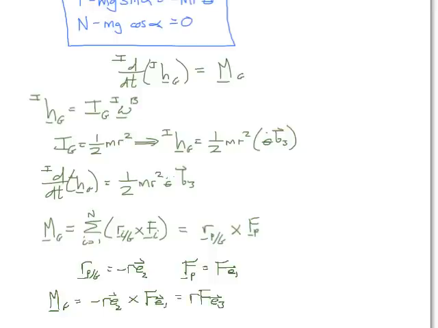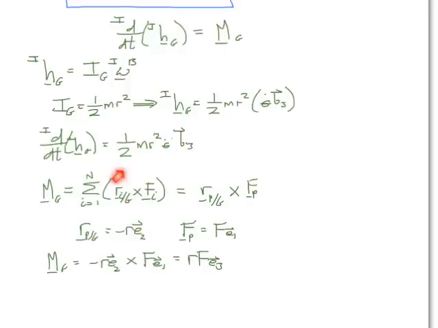Because a 2 cross 1 gives us a negative 3, and we're carrying through our negative scalar, R. So now we have the left-hand side of our equation and the right-hand side of our equation. We set these equal to each other, and we get 1/2 mr theta double dot is equal to F.